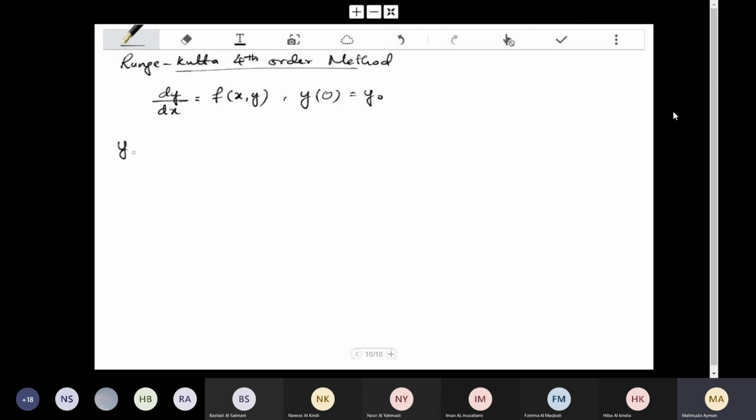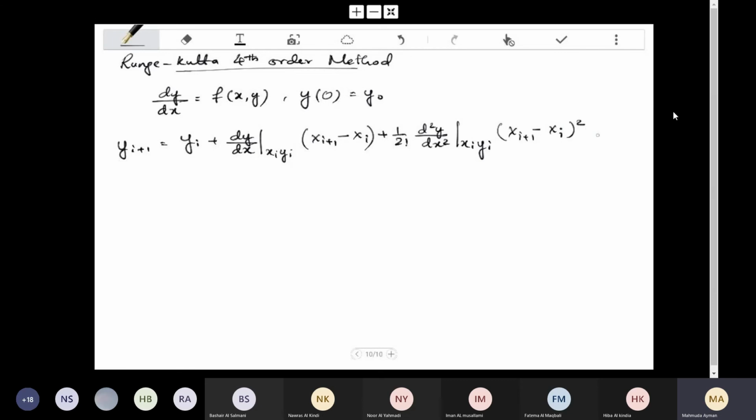So it would be yi plus 1 is equal to yi plus dy by dx at xi, yi times xi plus 1 minus xi, plus we have 1 over 2 factorial d squared y divided by dx squared at xi, yi, times xi plus 1 minus xi squared.